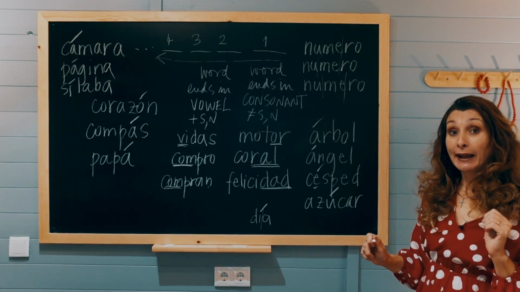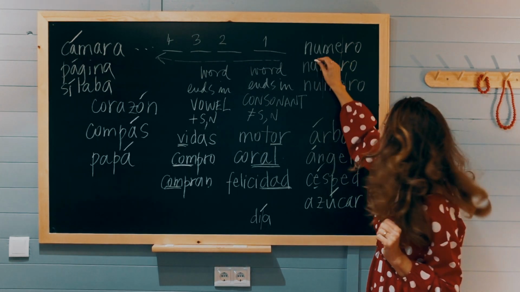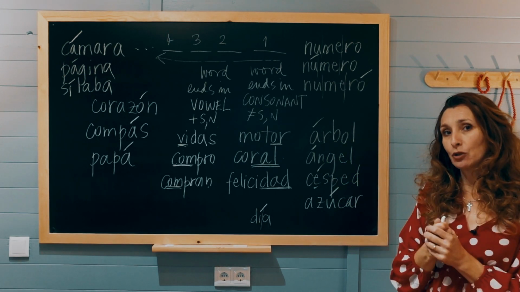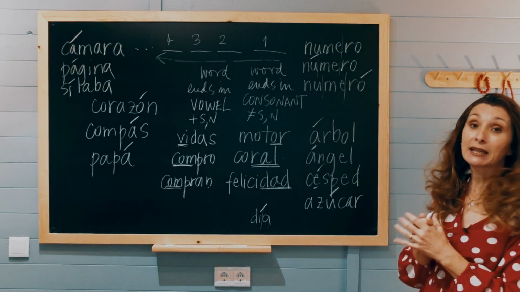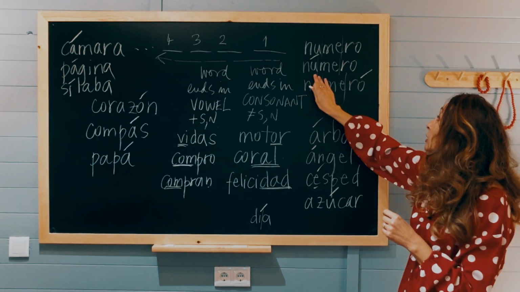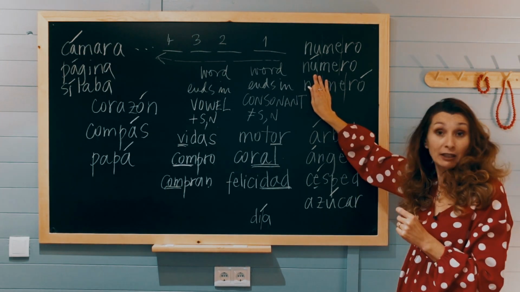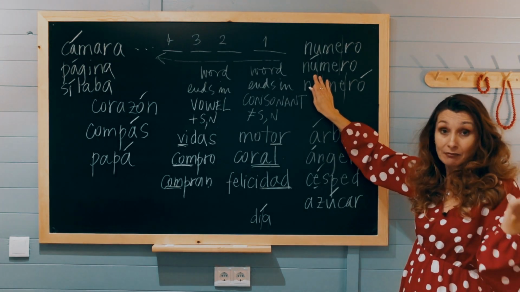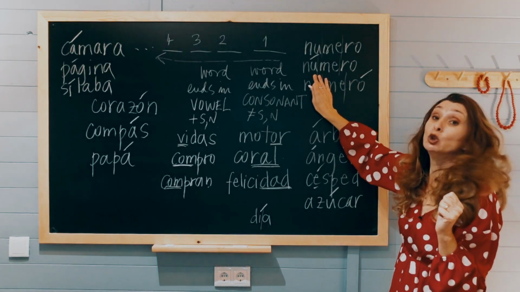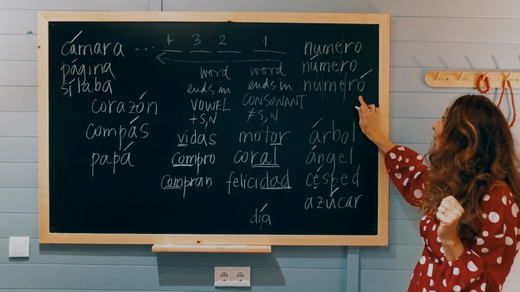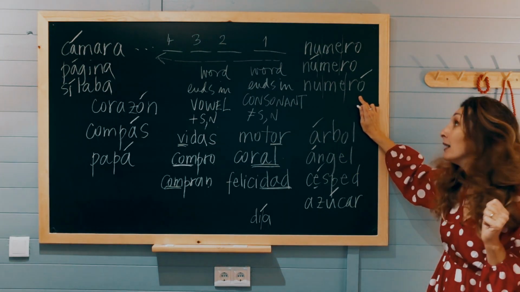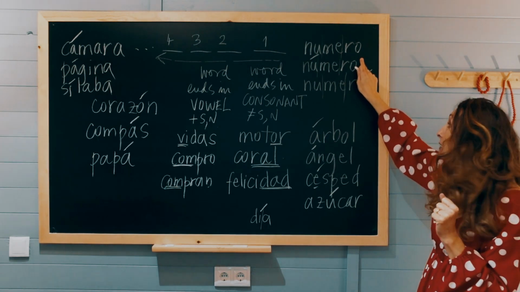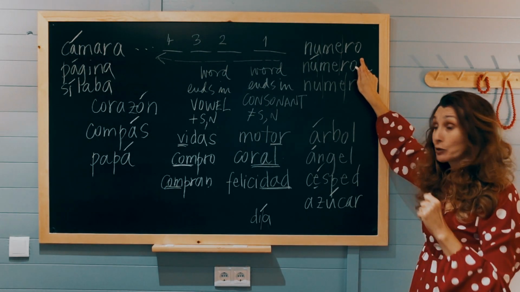However, if we put the accent on the first one or the last one, we need to mark it with the tilde. Número is a noun and it means a number. Un número de teléfono, a telephone number. Numeró, okay? And numeró, again, we are back to the verb to enumerate something, to give numbers to something.